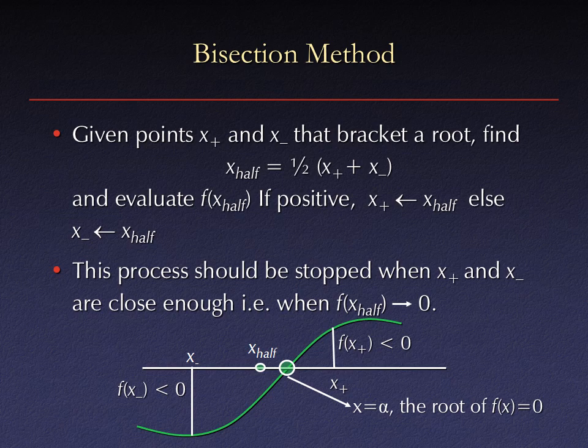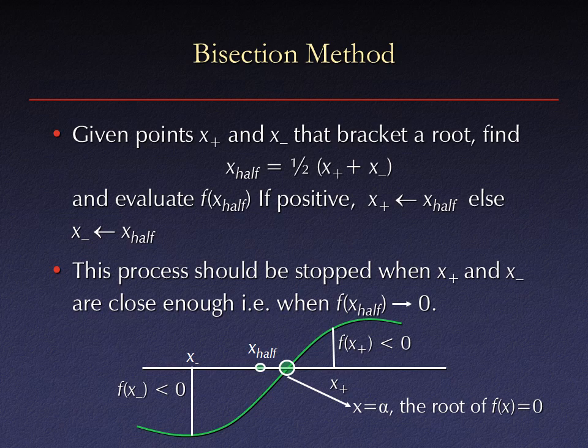So we can see in this picture that f(x half) is negative. That means we take x half as our x minus. Again the root lies between the new x minus and new x plus, and again we bisect this interval, and similarly we can get our required root.